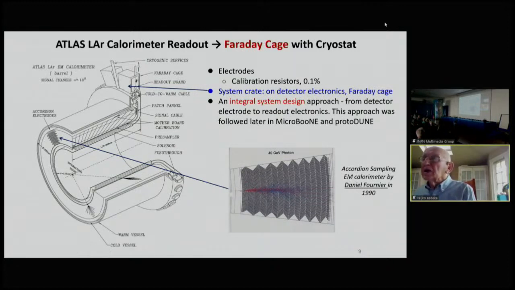The Atlas calorimeter also had an innovation by Daniel Fournier in 1990, accordion sampling, which is now the way for electromagnetic liquid argon calorimeters.